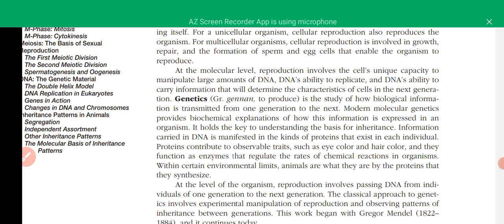And it is very important to understand inheritance and how traits are controlled.